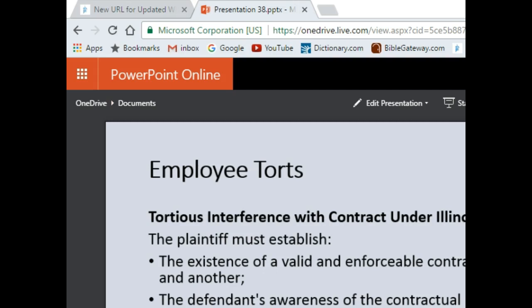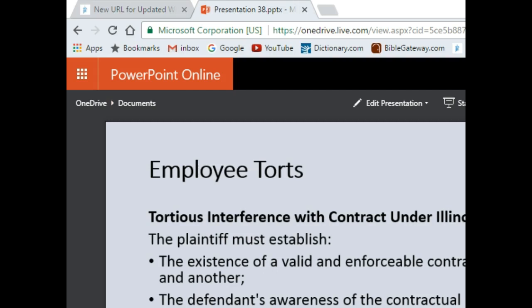Three, the defendant's intentional and unjustified inducement of a breach of that contract. In other words, where the former employer or someone else has intentionally tried to interfere with that contractual relationship between the plaintiff and the other party, such that the other party decides to end that relationship based on the communication or based on the action of the defendant.